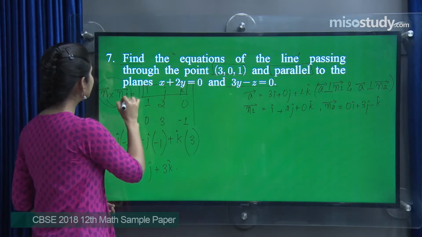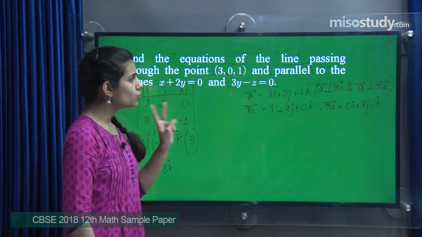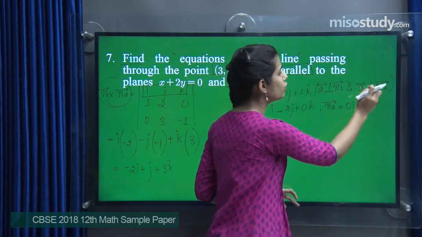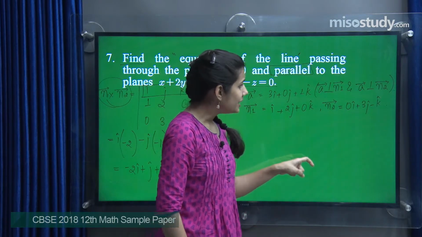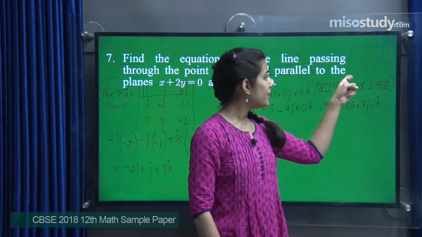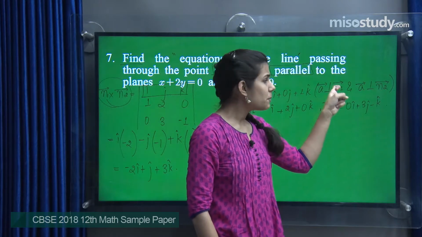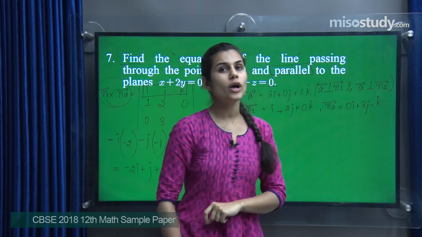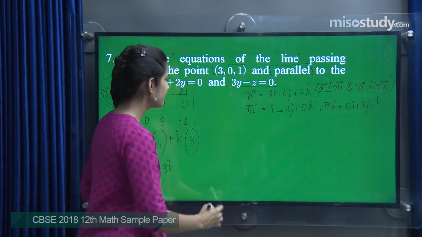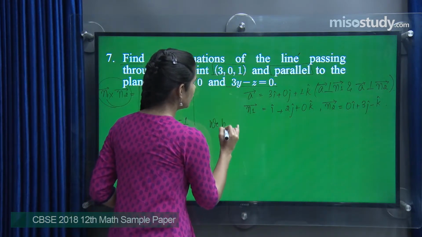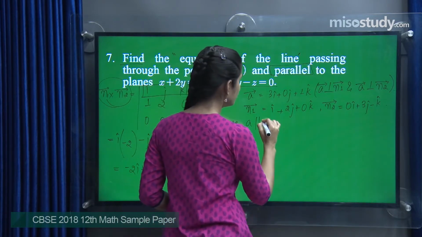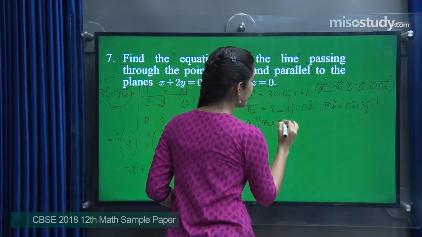You have found the cross product of the two normals. And this cross product is a vector which is perpendicular to n1 also and n2 also. And if n1 cross n2 is perpendicular to n1, which is perpendicular to the line direction, that means the line is parallel to n1 cross n2.